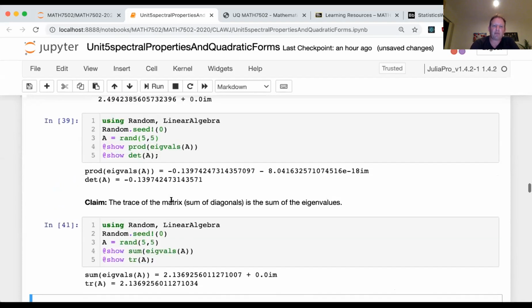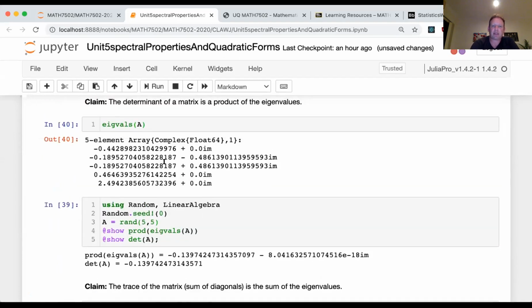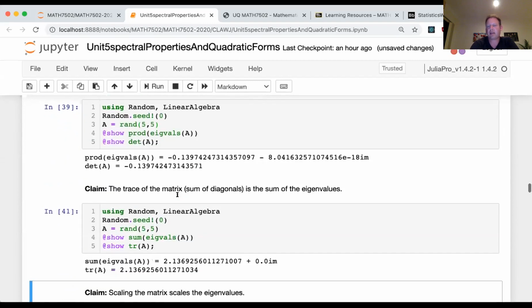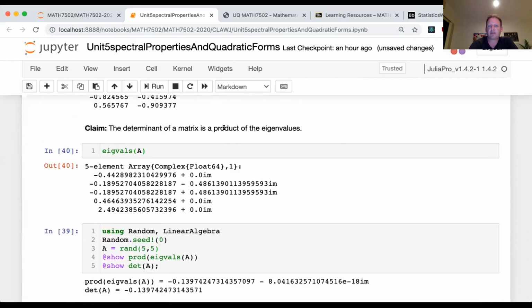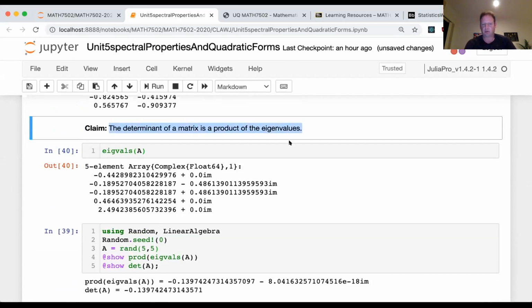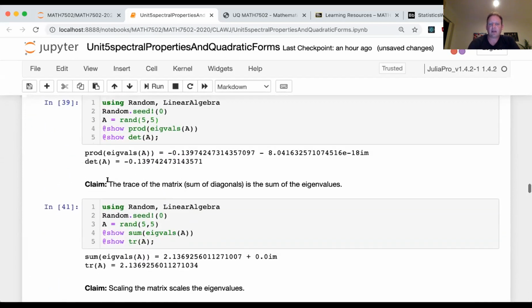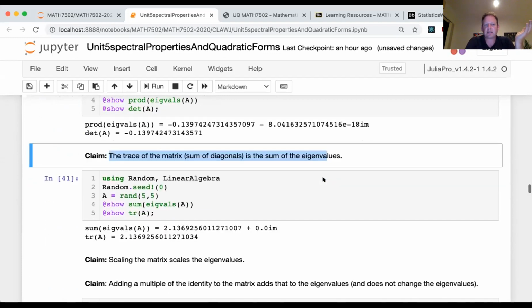I won't show the proofs for these, but they come from diagonalization. Try to show yourself this proof later on tonight or tomorrow if you can. The proof for the trace requires just a bit more, but we'll see it with diagonalization soon.